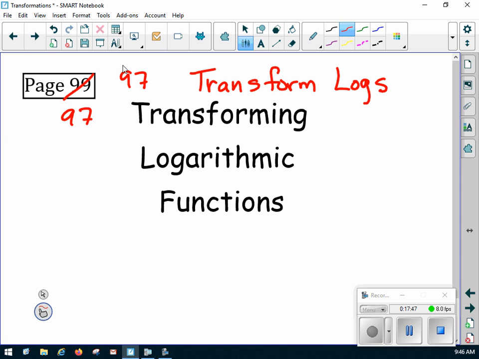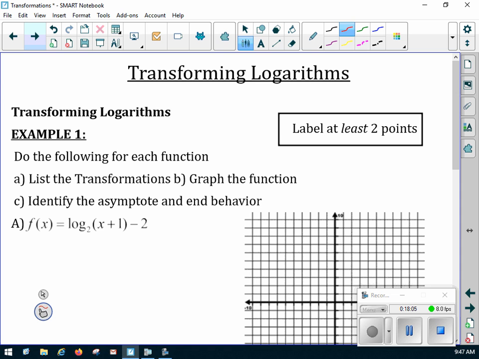Put that for your page 97. So we will finish our graphing tomorrow, okay? That's about all we're going to get.